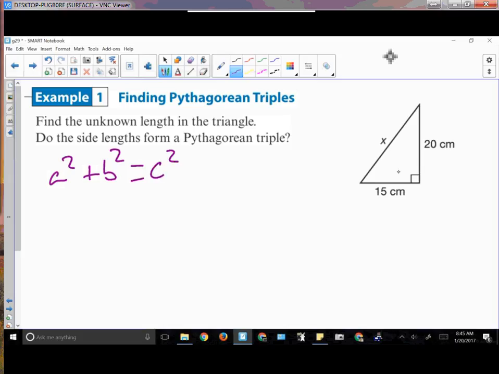And when we're dealing with this, the legs that make up the 90-degree angle, where the 90 is the included angle, are A and B. It doesn't matter which one is A, it doesn't matter which one is B. C always has to be the hypotenuse. So, if we're going to go through and do this, I'm going to take A down here as 15, so that's going to be 15 squared plus B, which is 20 squared, is going to be equal to C squared.